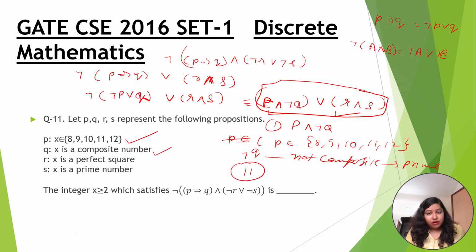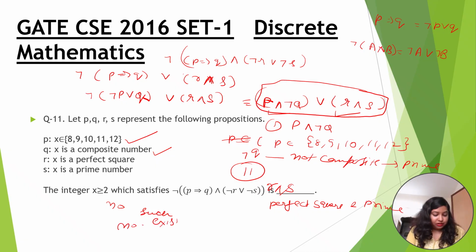And then we have R and S: perfect square and prime. No such number exists.